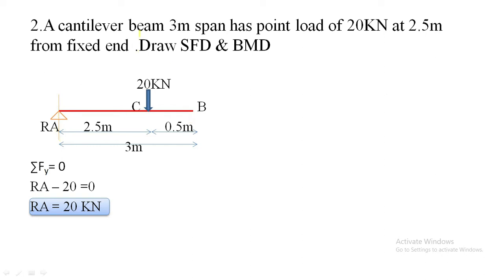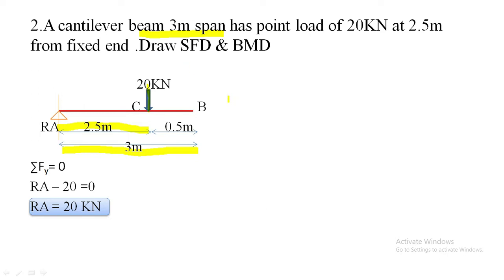The beam has 3 meter span and has a point load of 20 kilonewton at 2.5 meter distance from the fixed end. Then we have to draw SFD and BMD.